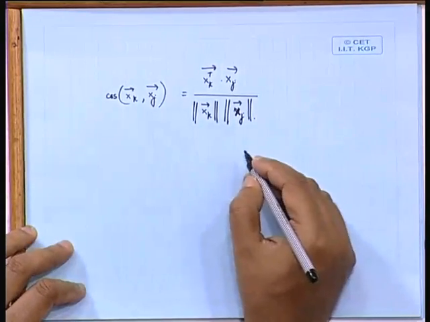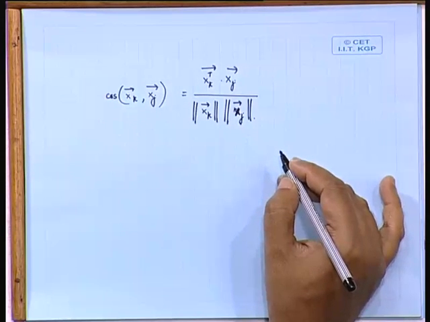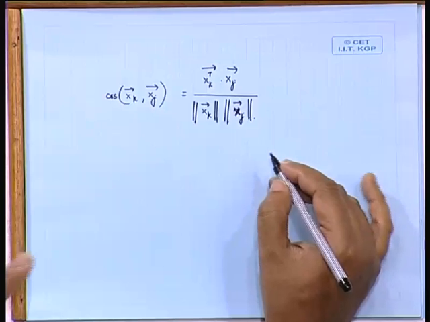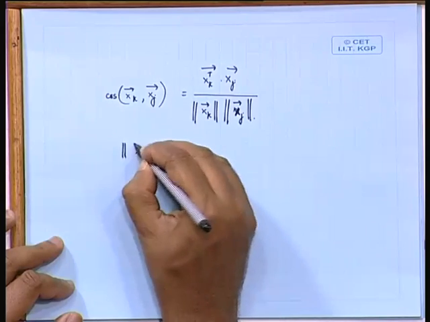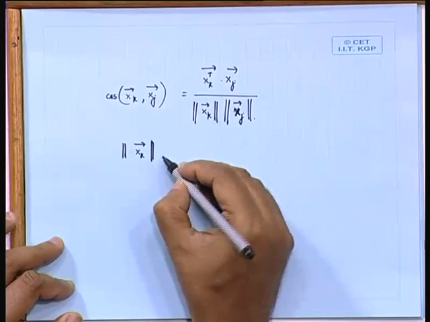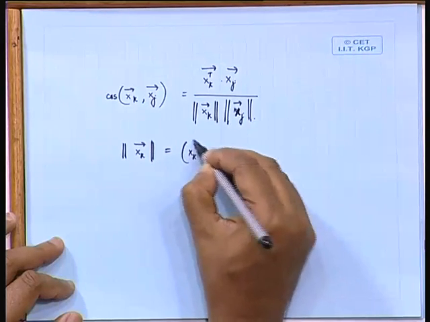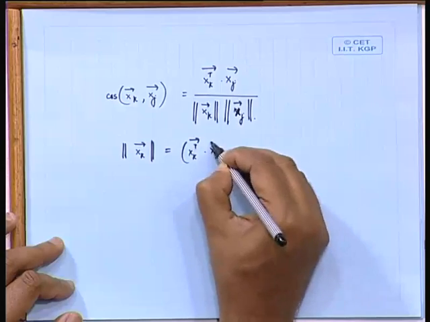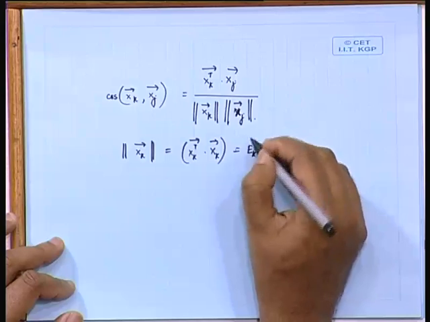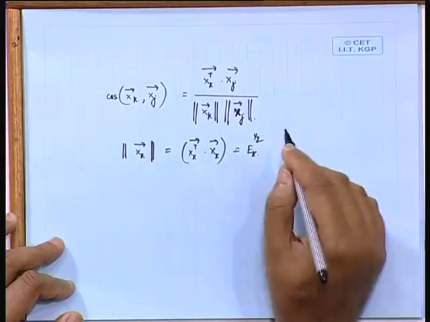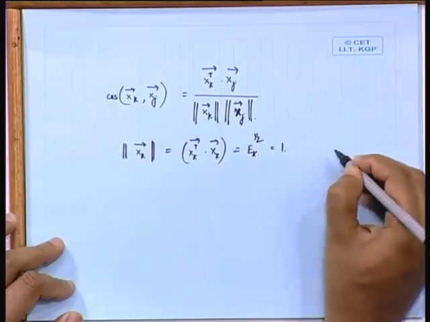Now, what can we say about this? Certainly, since we are taking each of the applied vectors to be of unit energy, according to that assumption the norm of the x_k vector is equal to x_k transpose x_k, which is the energy E_k, to the power half, and this is equal to 1 by our definition.